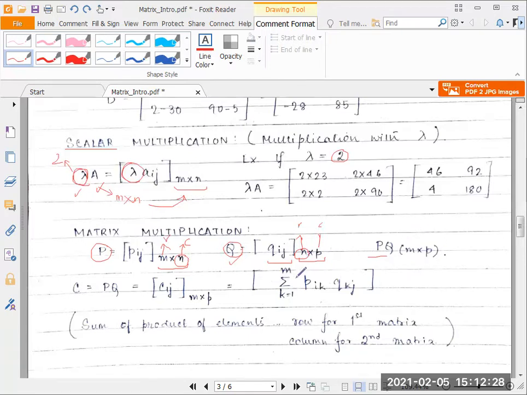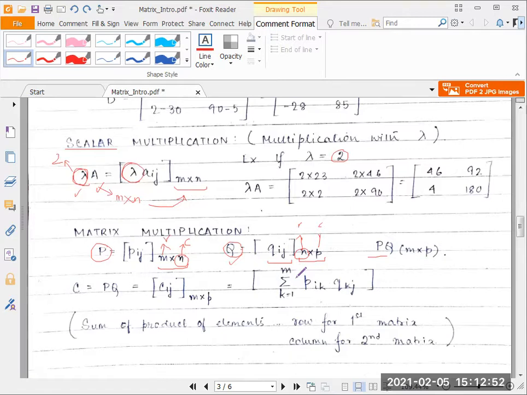Another thing is, as we had mentioned before, if we look at matrix addition and matrix subtraction, the two statements that we were talking about were the condition on the dimension of the two original matrices and the dimension of the resultant matrix. So for matrix multiplication, we have already discussed the condition for the dimension of the two original matrices.